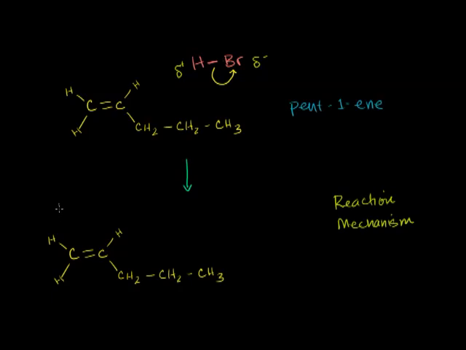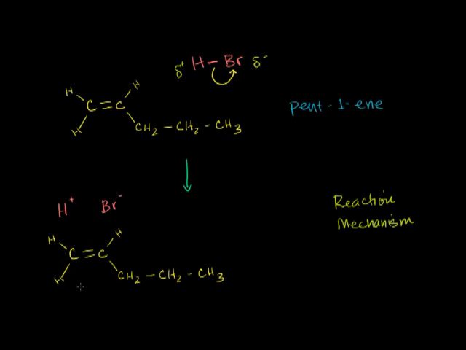The hydrogen is now just a positive cation. It's just a proton, really. So you have hydrogen with a positive charge, and then you have the bromine with a negative charge. Now that it's an ion, we would call it bromide. It's sitting on a negative charge.